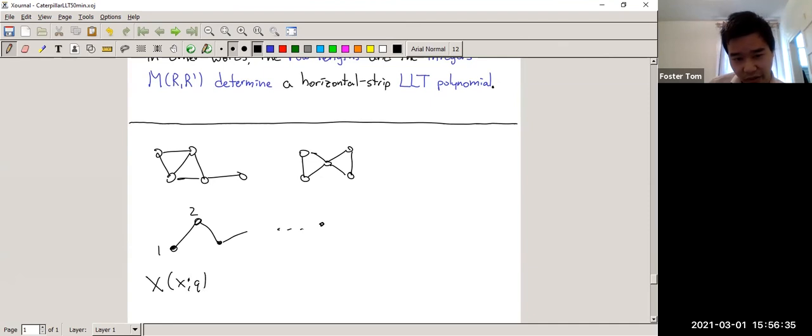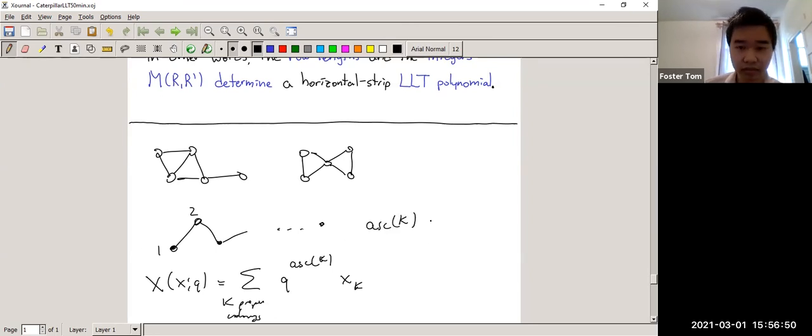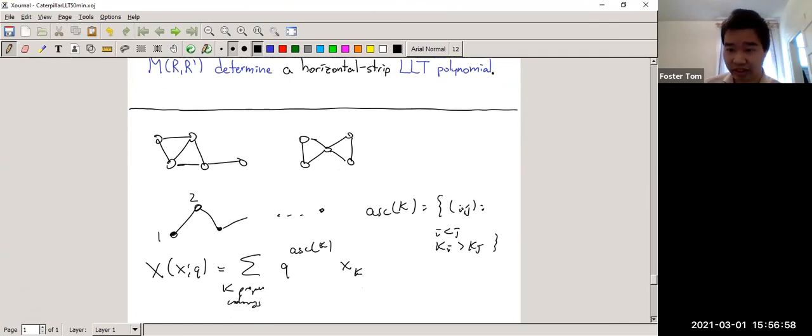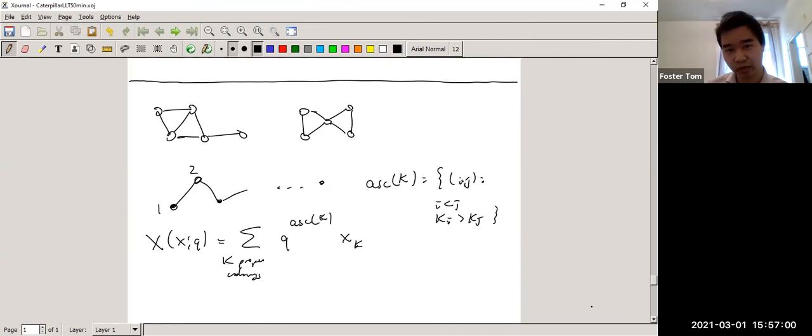The chromatic quasisymmetric function is a sum over proper colorings, and then I have this statistic, the number of i and j such that something like this. In fact, for an LLT polynomial in the unicellular case, I'm just putting an entry in each box.